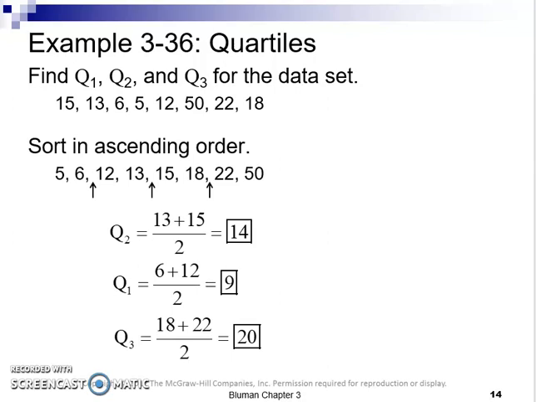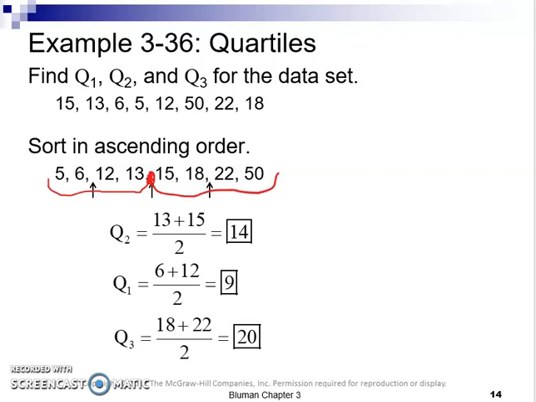As you recall, when we sort it in ascending order, to find the median, this value here, we separate the data into two separate parts. This is the first half of our data set, and this is the second half. We've got 4 values above, 4 values below. So our median has to be right here, between 13 and 15. To find that value, we add 13 plus 15 divided by 2.